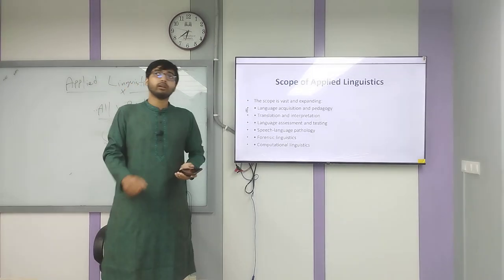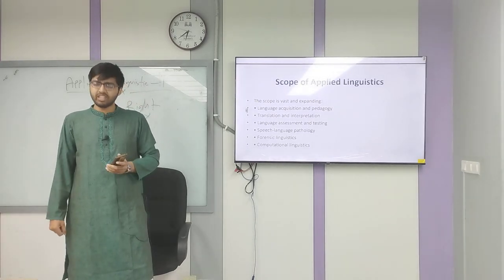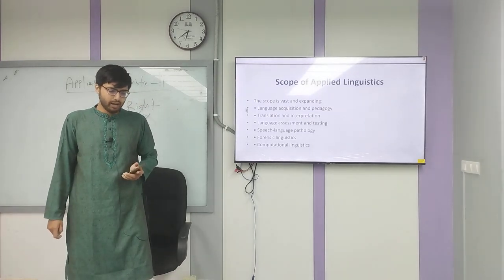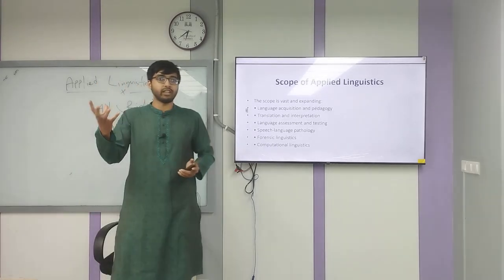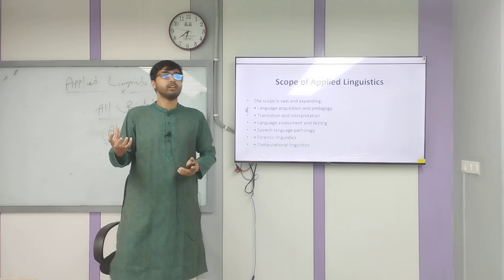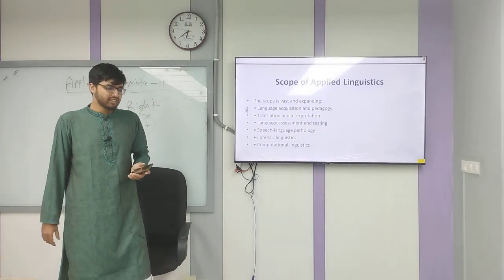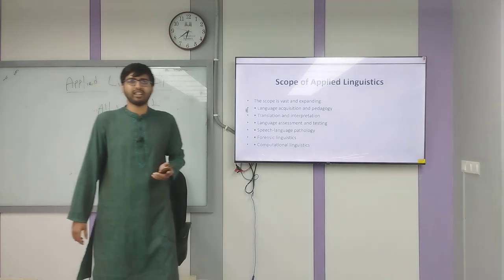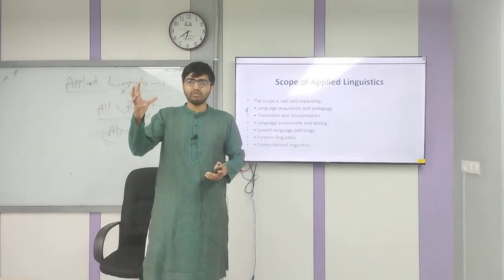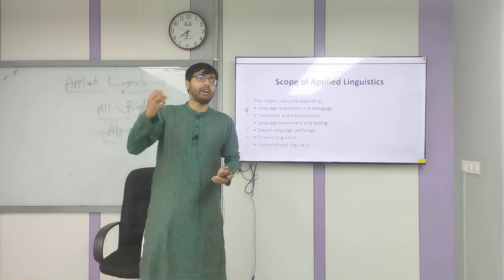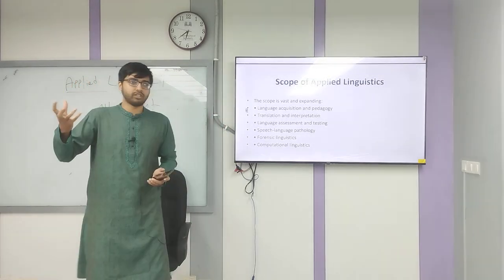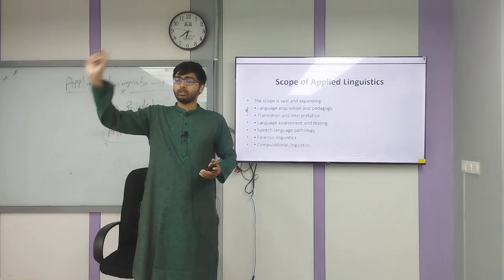Some translations make us feel that this translation is very lively, very vivid, very alive. Some translations are just word by word translation. That does not give me the gist of language, the essence of that particular topic.